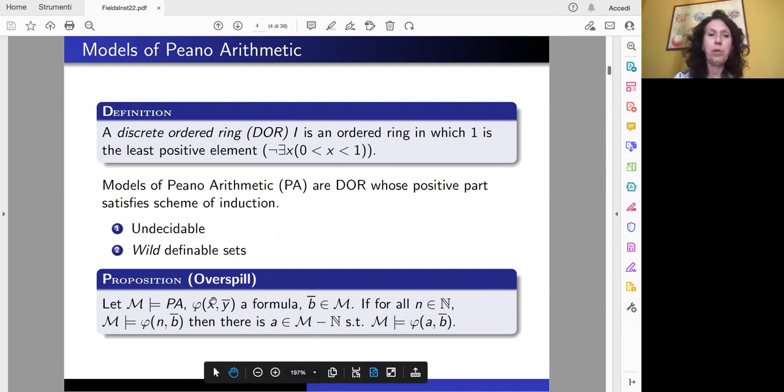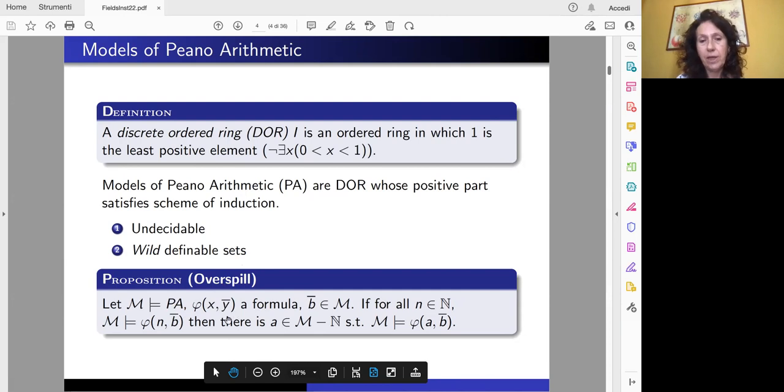Overspill is a property of models of Peano arithmetic because it allows us to extend some notions from the standard model, which is N, or Z, to non-standard models of PA, that is, a model which is not isomorphic to the natural numbers.